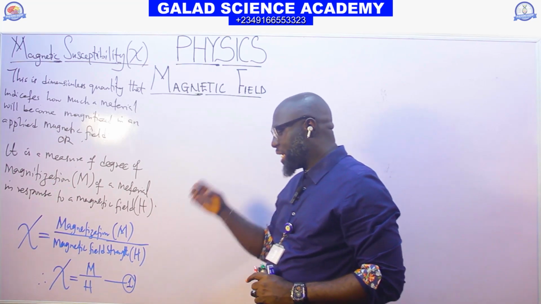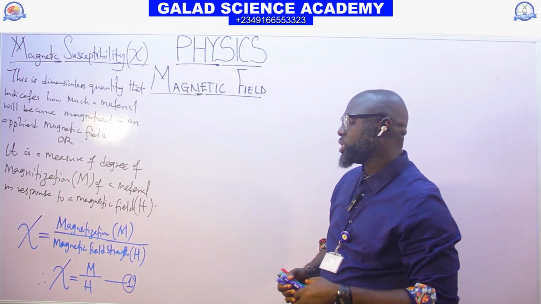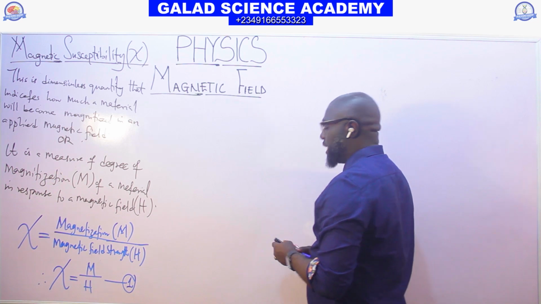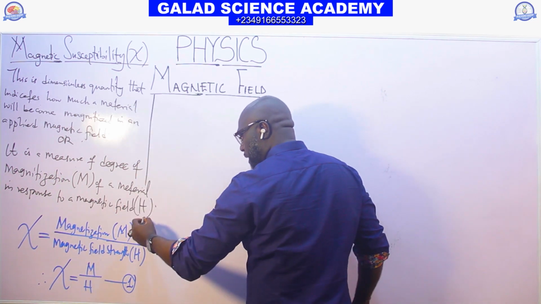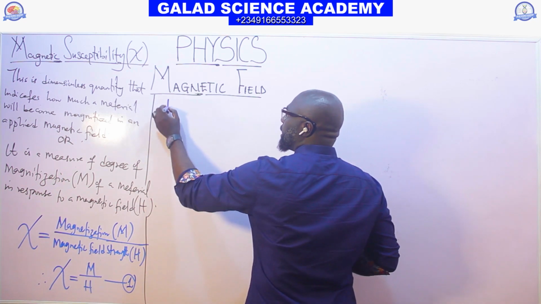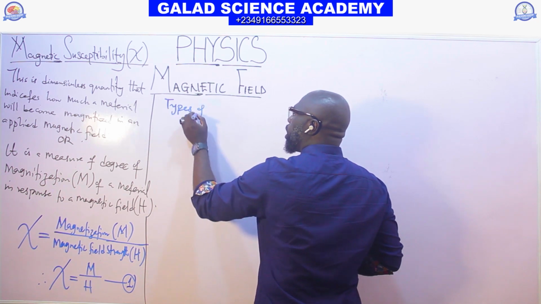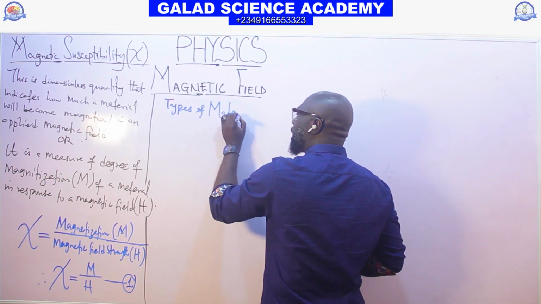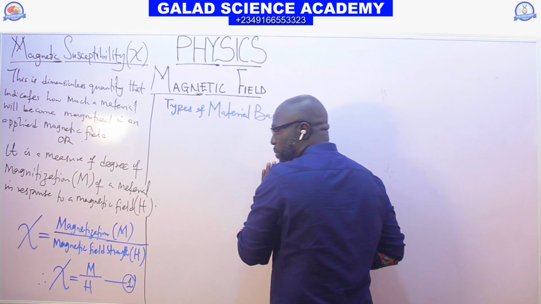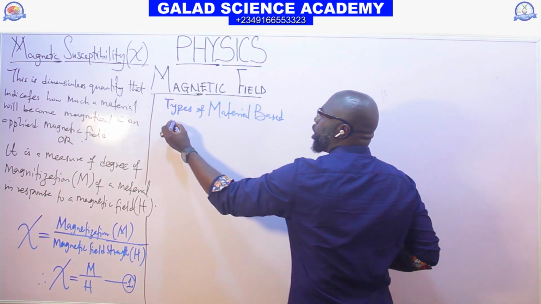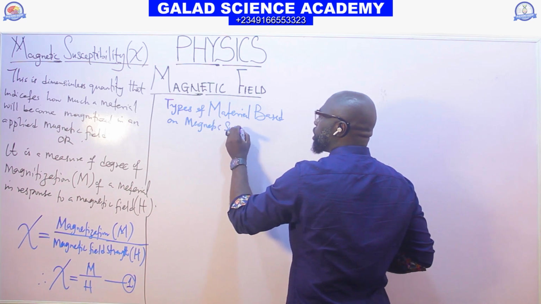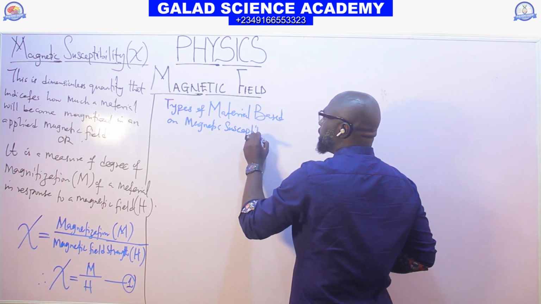The magnetic susceptibility can now be used to classify materials into three types. Types of material based on magnetic susceptibility.